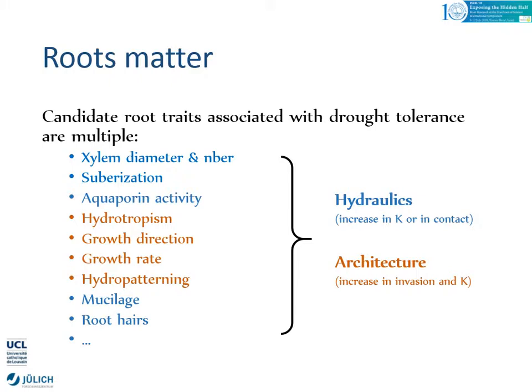So just a few words about hydraulic traits. When I speak about hydraulic, I mean not only conductivity, but also surface, so conductance. So for instance, root hairs, in my view, increases hydraulics because it increases the contact between the soil and the root.